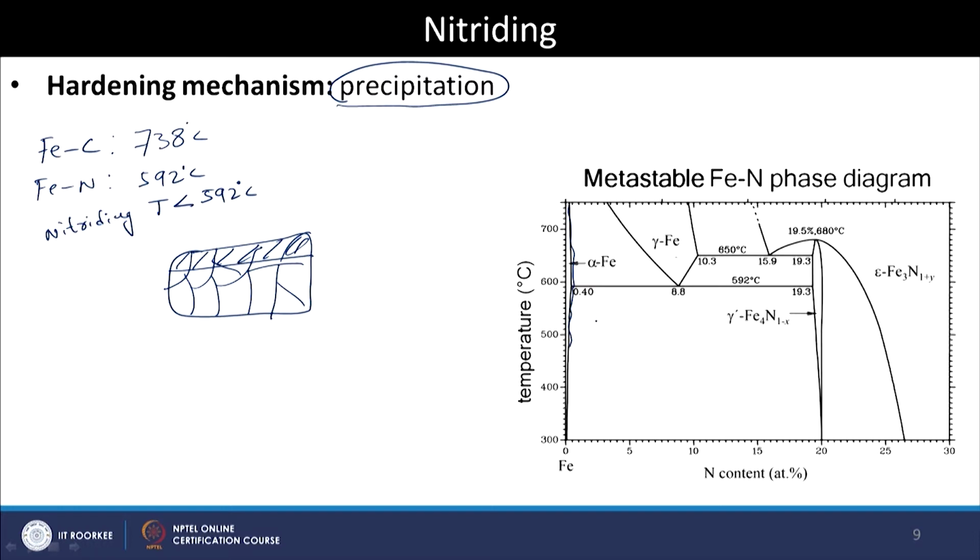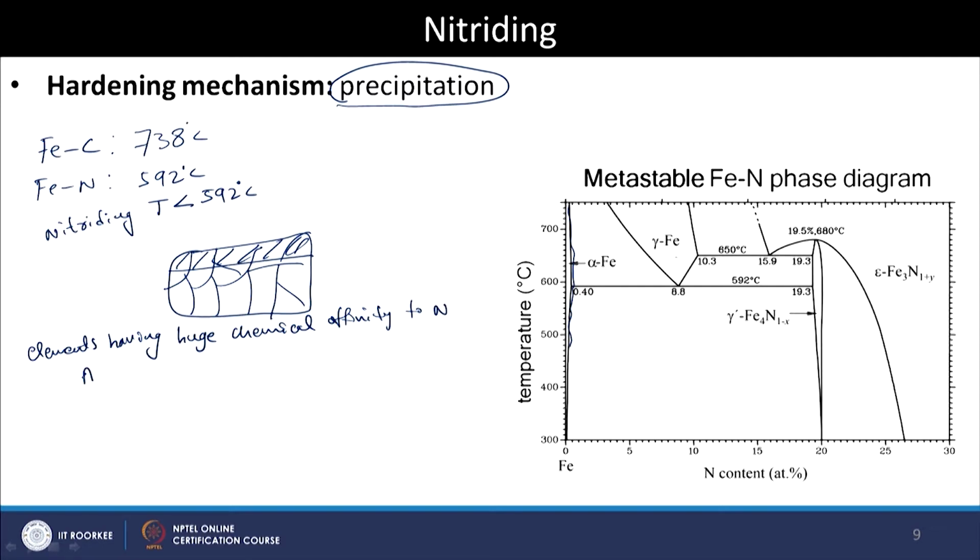You see that again the solubility of nitrogen in ferritic iron is very low like carbon, but one good thing about nitrogen is there are elements having huge chemical affinity to nitrogen.